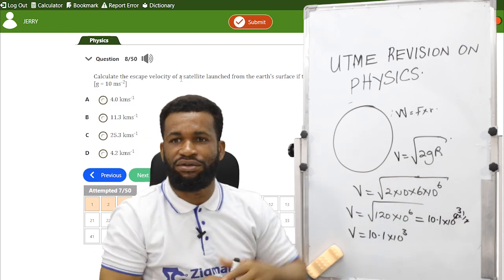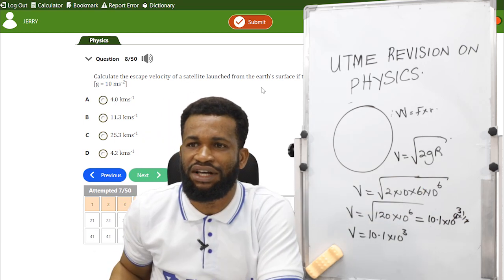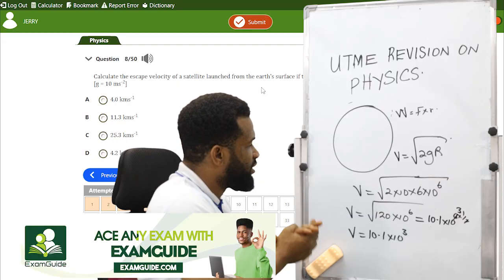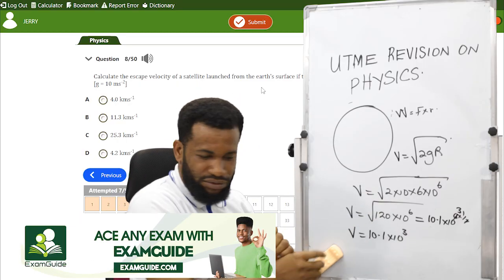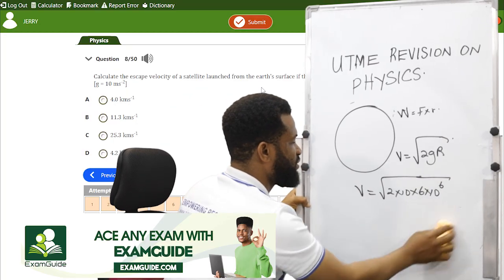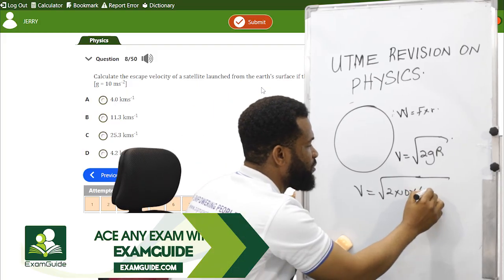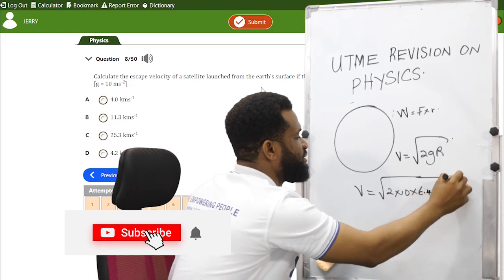So g times this. So in that case, we don't have 10 there. Let's recheck our process. Okay, 6.4, not 6. So this is going to be 6.4, not 6. 6.4 times 10 raised to the power 6.